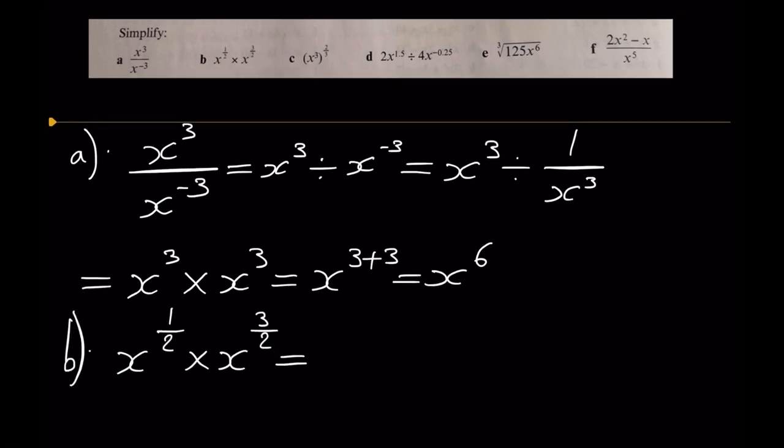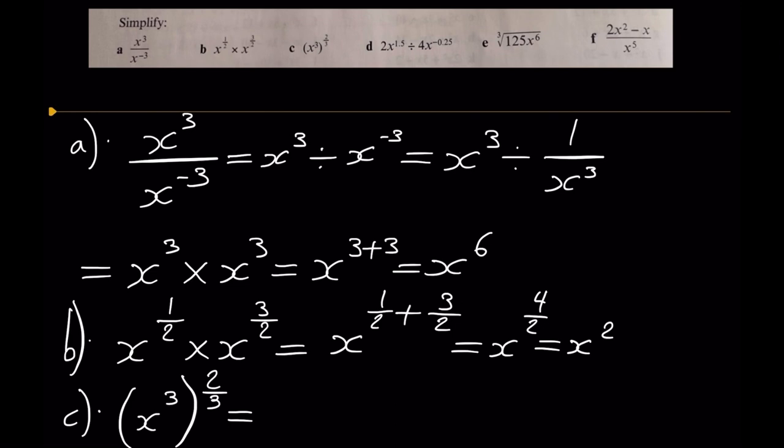For part B, we can just use index laws as we did before. So x raised to the power 1/2 times x raised to the power 3/2 is the same as x raised to the power 1/2 plus 3/2, which is equal to x raised to the power 4 over 2, and that's just x squared.